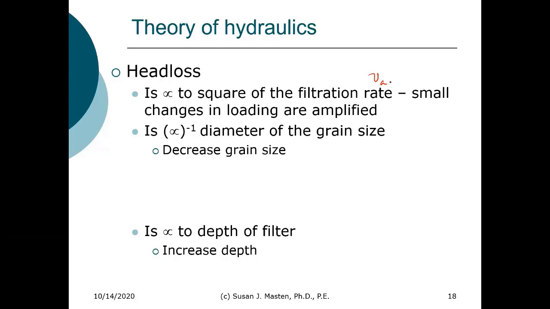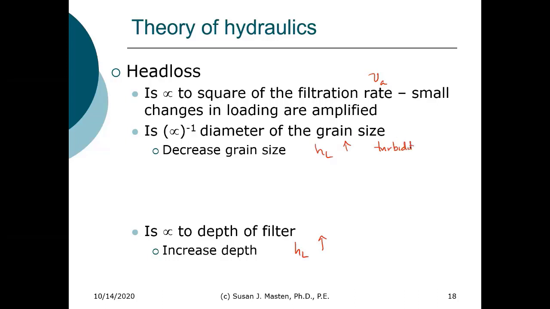So if I decrease the grain size, what happens to my head loss? It increases, exactly. It's proportional to the depth of the filter. So if I increase my depth, what happens to the head loss? It increases.